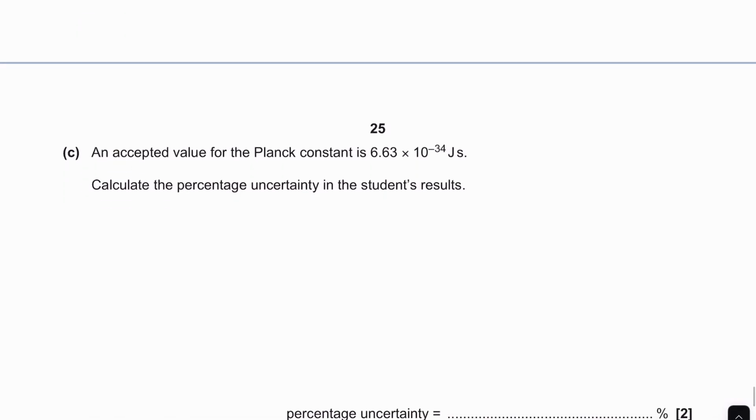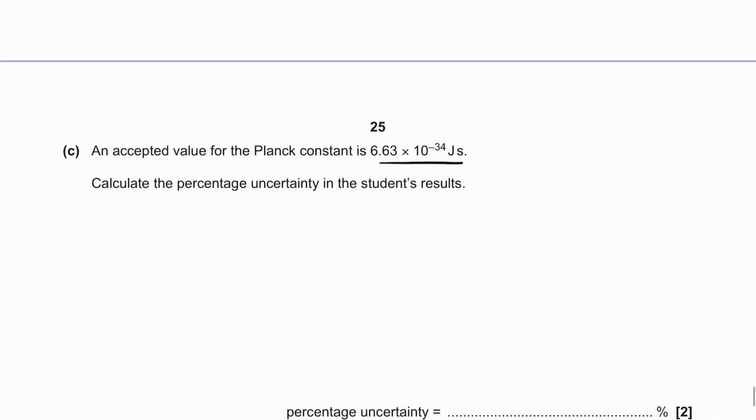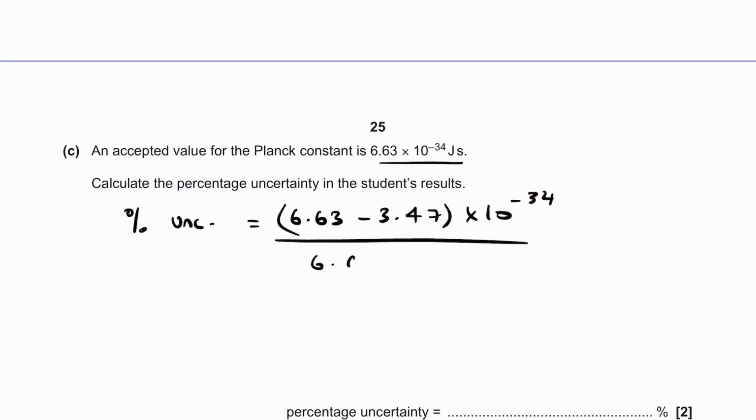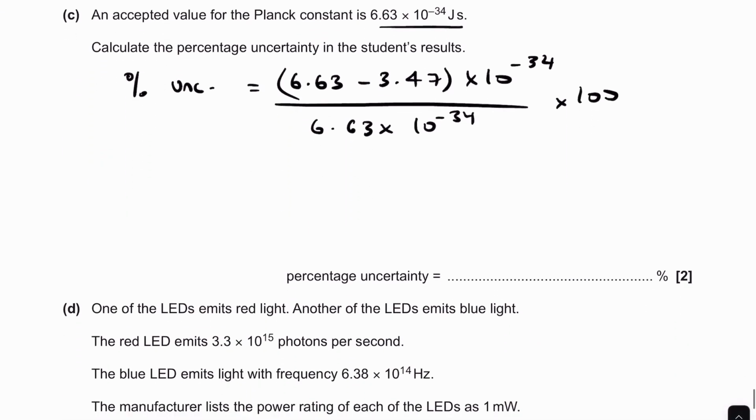So an accepted value is that. Calculate the percentage uncertainty. That's easy. That would be the difference between the two over the original value, and that gives me quite a significant uncertainty of 48%.